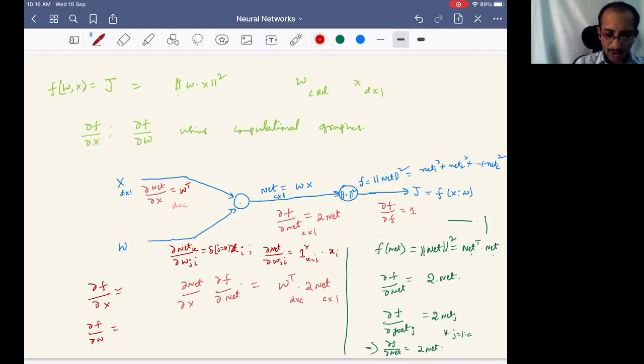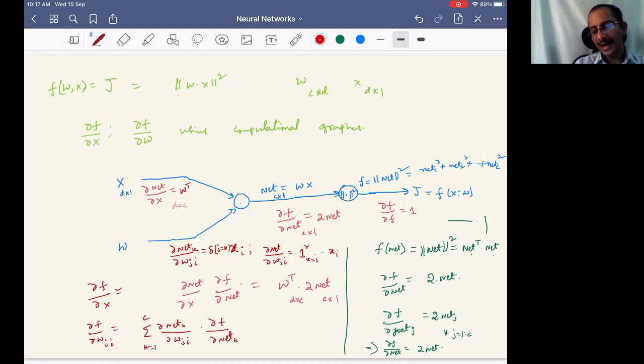So as I said, ∂f/∂w when I want to find, this is a row vector, and this is the column vector. So what happens? The ∂f/∂w comes as summation ∂net_k/∂w_ji into ∂f/∂net_k, okay, k equal to 1 to C.